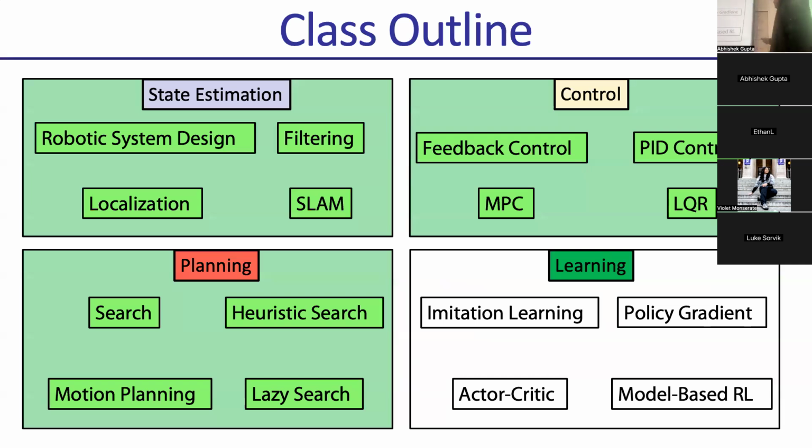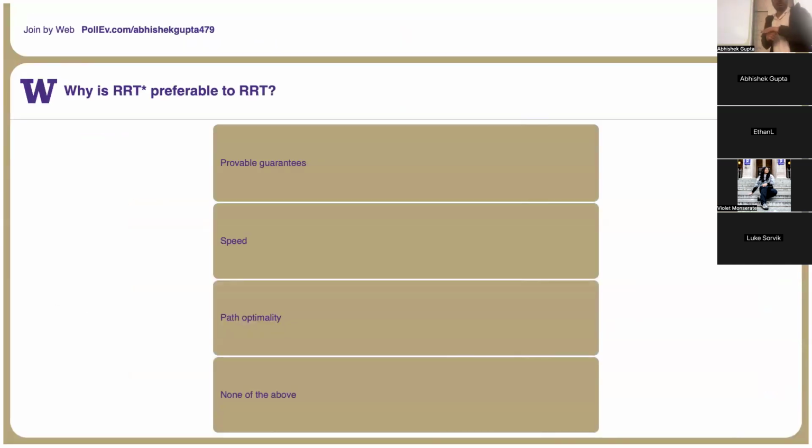All right. So let's start with our little quiz. Why is RRT star referred to as RRT star? Probabilistic guarantees, speed, optimality. 10 seconds.